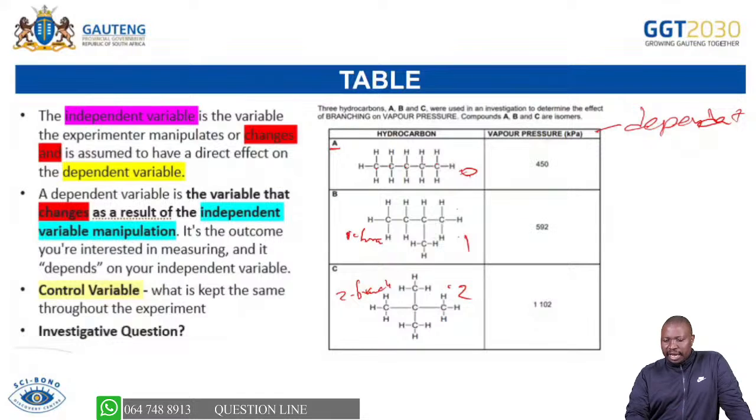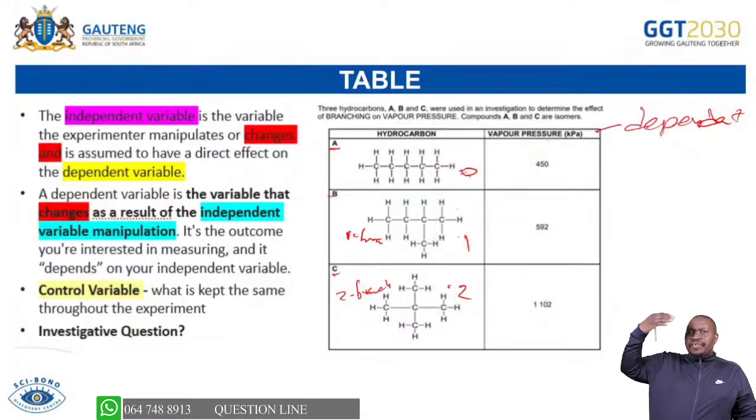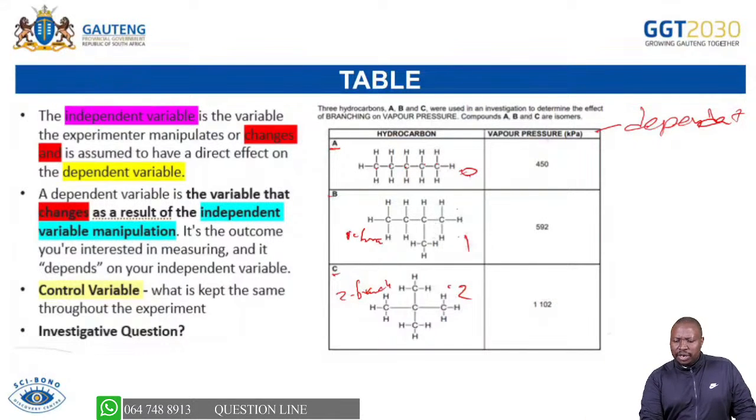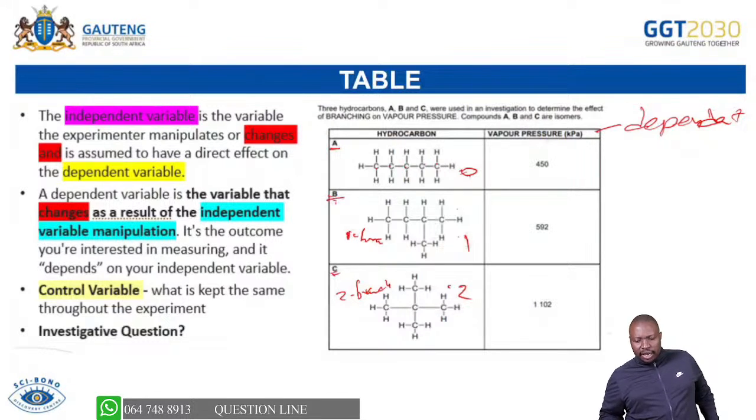So as the number of branches increases, the strength of intermolecular force decreases, which means less energy will be required for C compared to B. I find it very important as you're answering questions that if you are given A, B, C, just respond in terms of A, B, and C instead of going through the trouble of naming the structure, saying pentane, because you can make a mistake. Just talk about A, B, and C as you compare them.